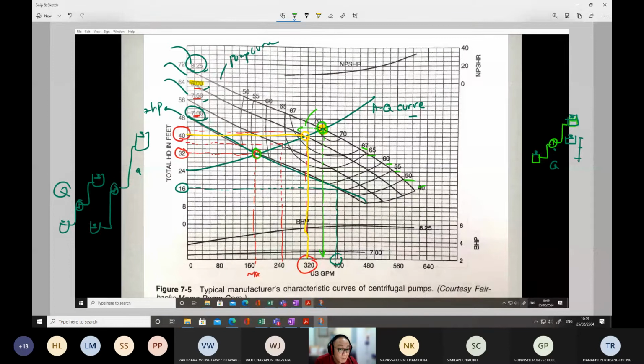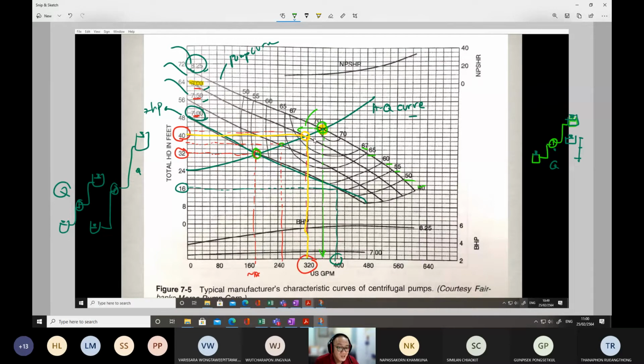If you choose the bigger one, the efficiency will be 63 or 64%. If you choose this one, it meets our requirement and also gives better efficiency. But if you choose the biggest one in this pump curve, you get above 70%.